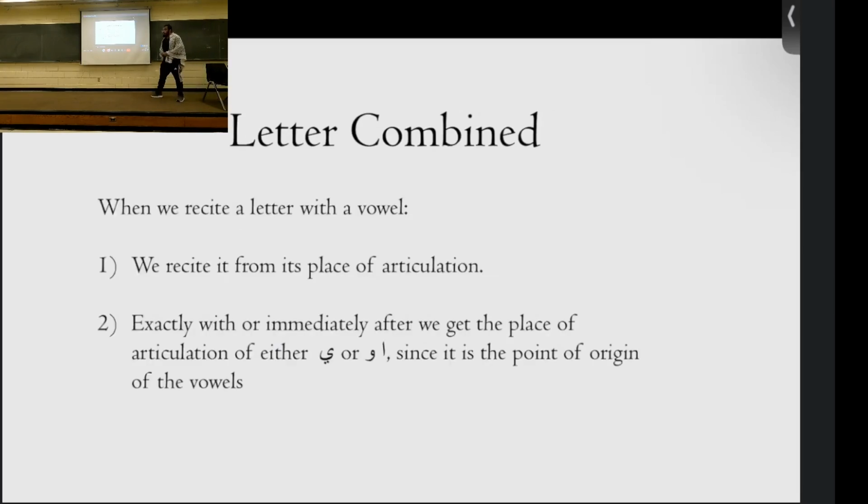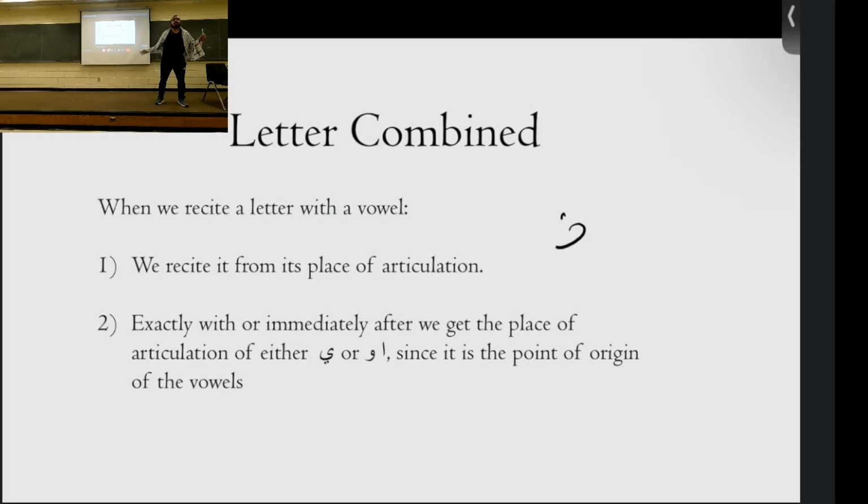Now, how do I recite a letter with a vowel? I literally remove the letter from its makhraj, the place of articulation of the letter. So I have dhal. I go to the makhraj of dhal, and then go to the makhraj of the dhamma, immediately after. After is a really bad word, because you don't say dhu, you say dhu, so you can say it exactly with.